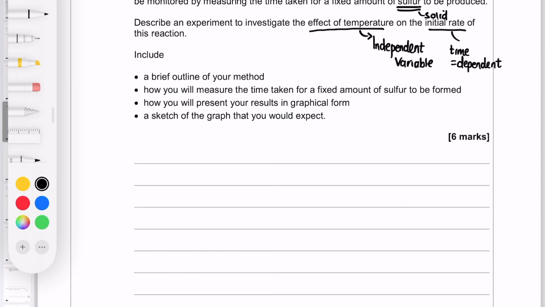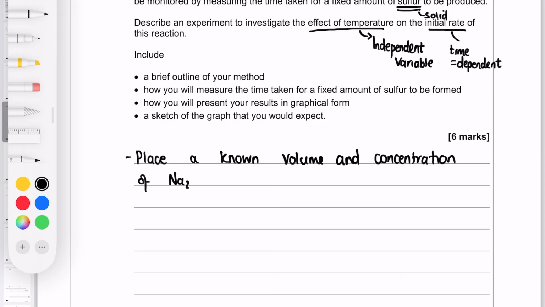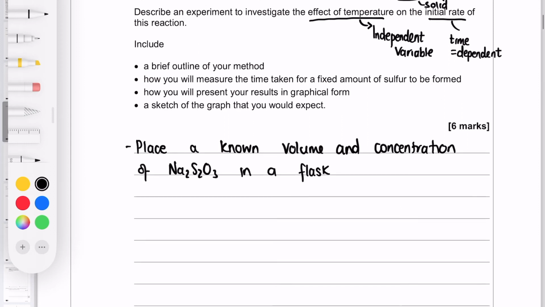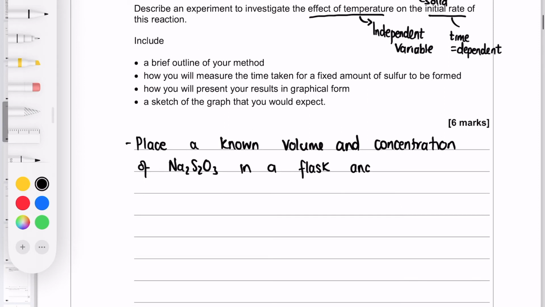So we're going to place a known volume and concentration. We don't have to be specific here, but we need to know that we would know it in our experiment, of Na2S2O3, the sodium thiosulfate, in a flask or a test tube, depends what you want to do your reaction in, some sort of container, and place on a cross.